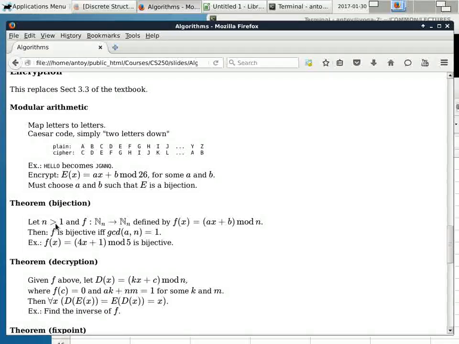At most there are 26 for A and 26 for B, right? Actually fewer, because the greatest common divisor has to be 1. So what is 26 times 26? A few hundred? And a computer takes a millisecond to see all of them and see whether there are words you can read or not.